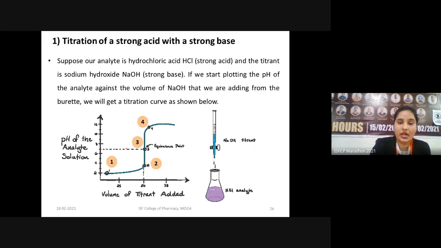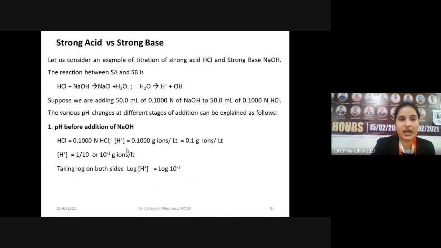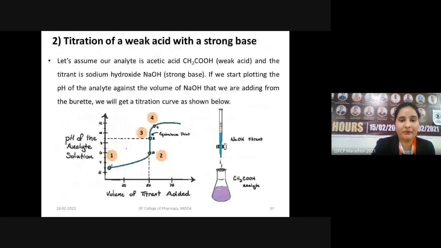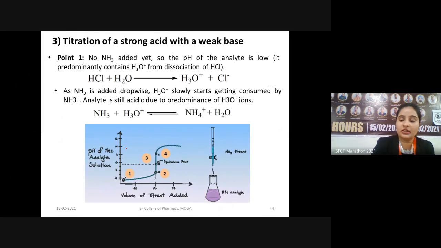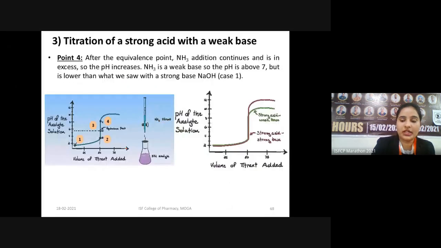In the titration of a strong acid with a strong base, the pH was neutral, whereas in the titration of a weak acid with a strong base, the pH was more than 7 at the equivalence point. And in the third case, for the titration of a strong acid with a weak base, at the equivalence point, the pH was acidic. It was low, below 7, on the acidic side.